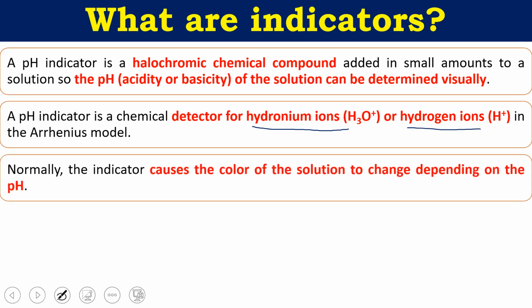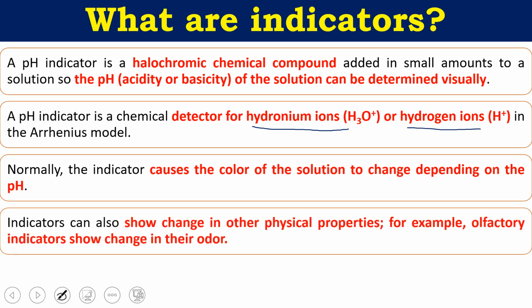The color of the solution changes depending on the H plus presence. If more H plus is there, it will be an acidic solution. If less H plus or more OH minus is there, it will be a basic solution.